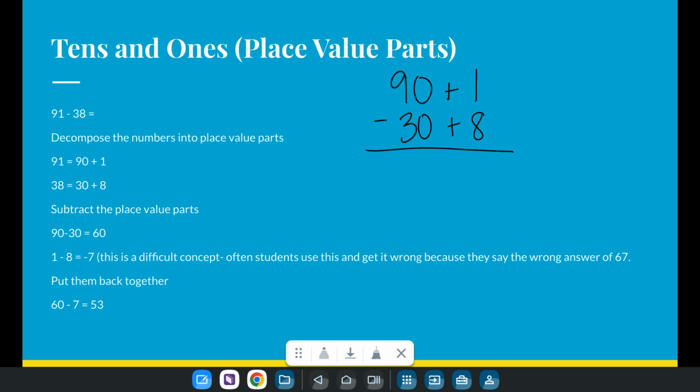And the correct way to do this, you can see on the screen, is, a lot of kids want to think about the tens place first. They would say 90 minus 30 equals 60. And then the problem becomes that we want to subtract the difference between 1 and 8.